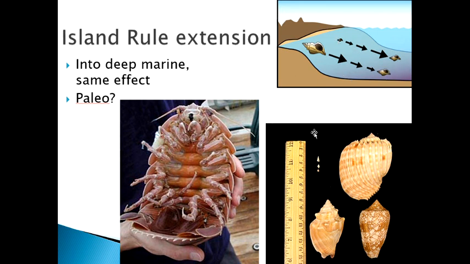So here's some snail examples, and then this large isopod here. I put the paleo question mark there because people are trying to show that this also occurs for paleo, and indeed it does, and you'll probably see, wink wink, something like this on exam 2.